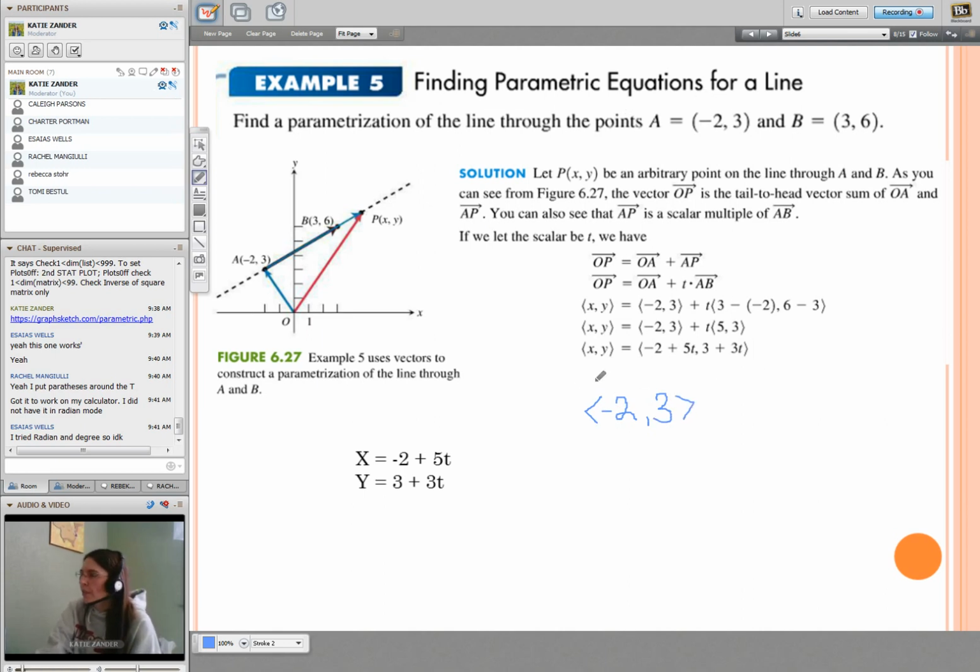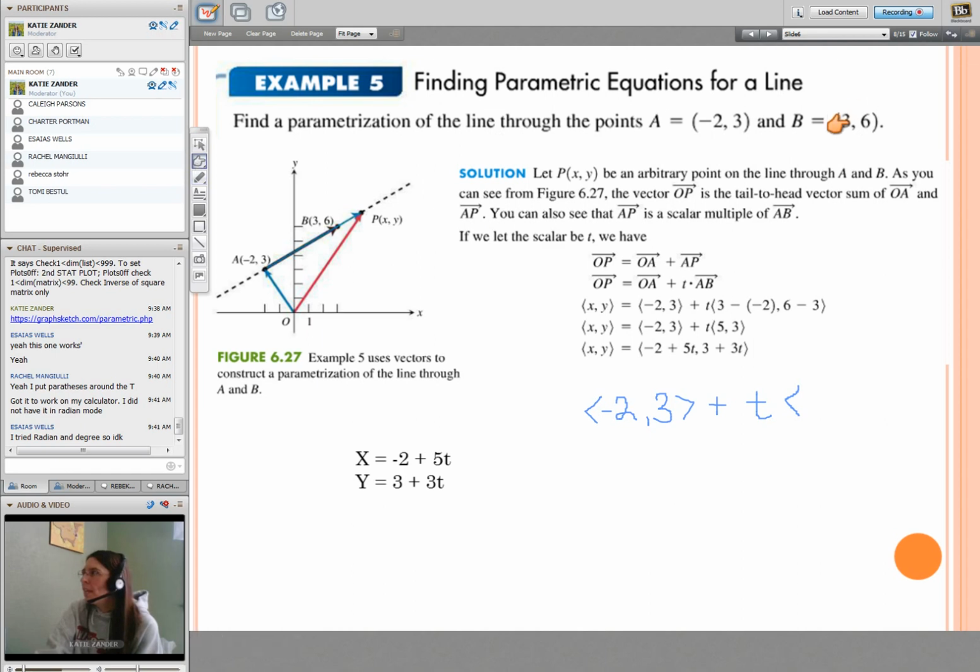So changing parentheses to the little arrows there. The second one, we're going to go ahead and add together two vectors, but we're going to multiply the second vector by a t. So the second vector, we do need to do the head minus tails with the 2 points.